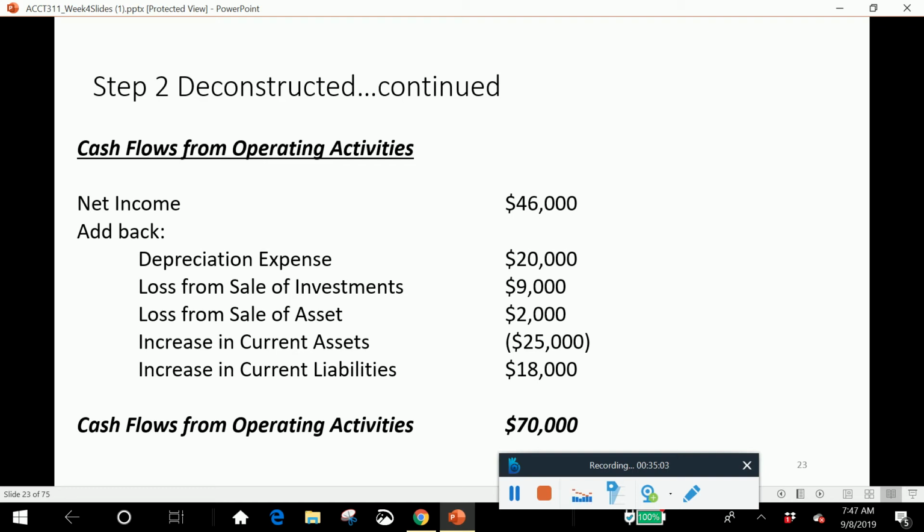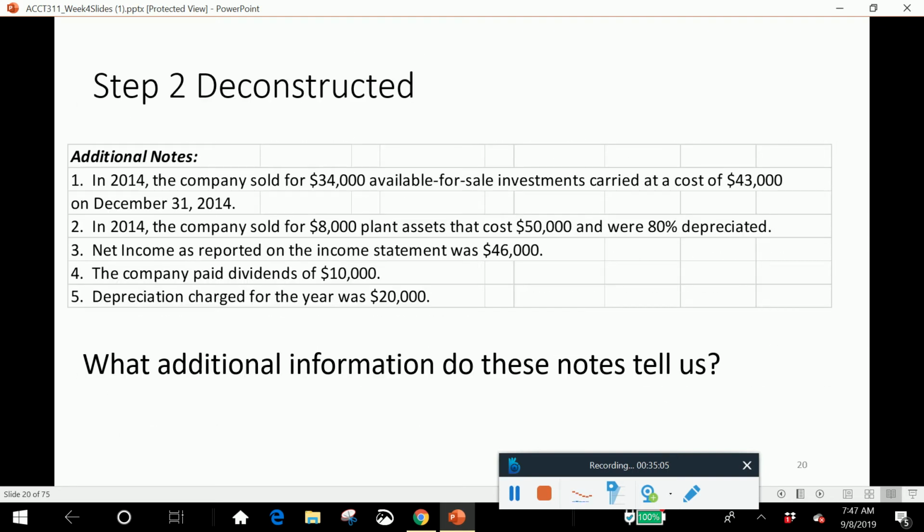Let's talk about that item for a minute. So we look here, it says in 2014, the company sold for $34,000 available for sale investments carried at a cost of $43,000. So we sold them for $34,000. They had a carrying amount of $43,000. The differential there is $9,000.